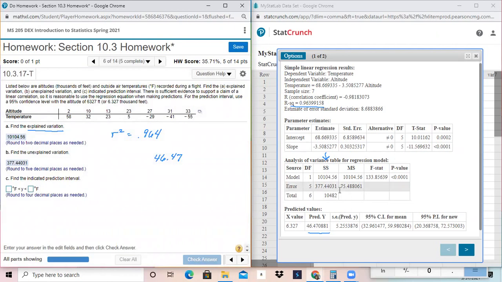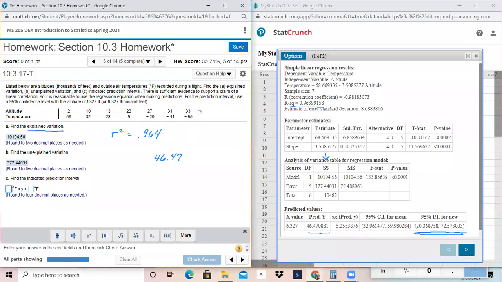The total amount that they expect would be the 10,482, which is the sum of these two. And now the indicated prediction interval is over here. So 4 decimal places, we're going to put 20.3673688.